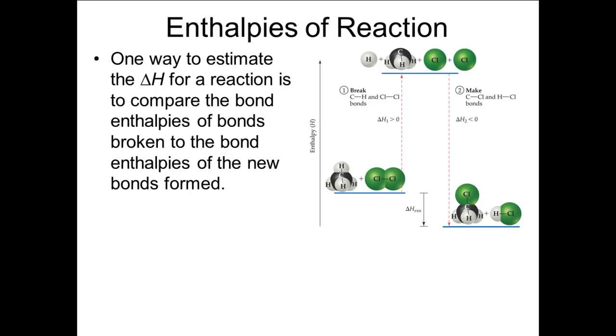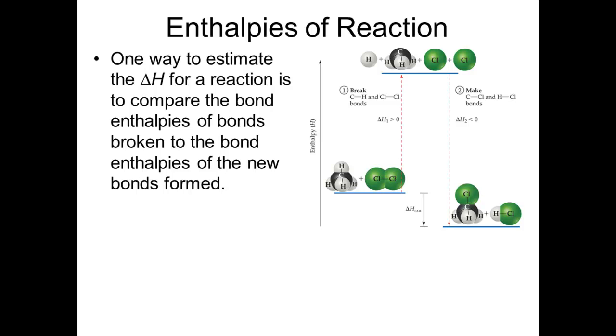We can use the average bond enthalpies to get an estimate of the energy of a reaction. Imagine that we first break every bond in the reactants, producing individual atoms, and then take the atoms and make the bonds in the new compounds. We would have had to add the energy of each of the bonds in the reactants to break them.